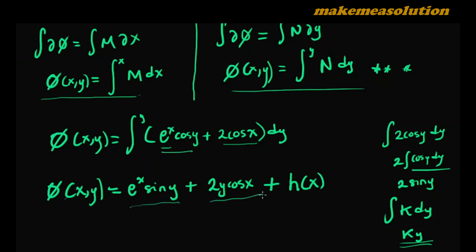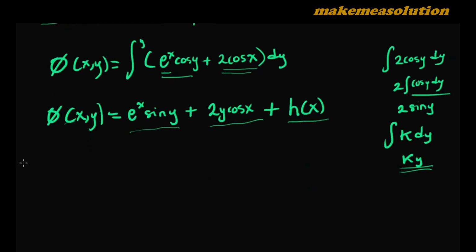If you differentiate this term partially with respect to y, you get this. And when you differentiate h of x partially with respect to y, since it is a function of x, it is a constant, so it will cancel out. So when you're integrating partially with respect to y, your integration constant will not just be a direct constant, but rather a function of the complementary variable, which in this case is x.